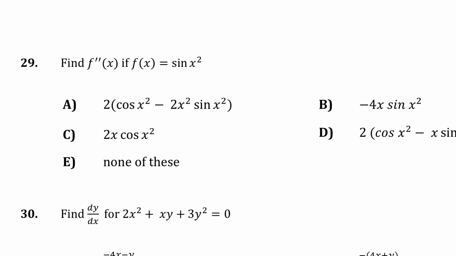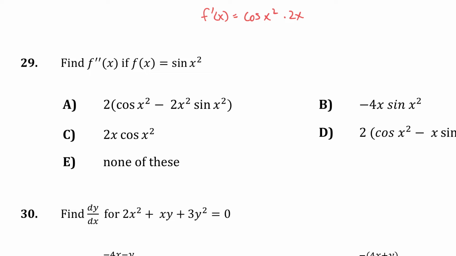So f prime of x is going to be the derivative of that whole thing, what? Derivative of sine is cosine x squared. And then the derivative of that inside of x squared is 2x.